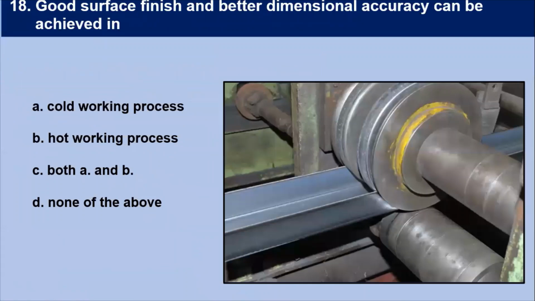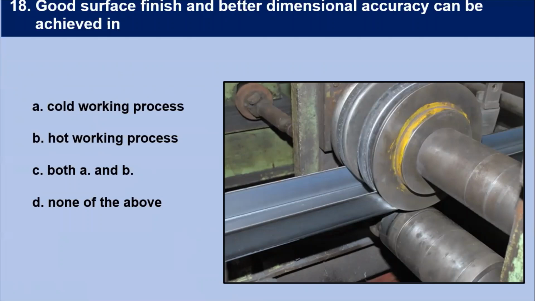Next question. Good surface finish and good dimensional accuracy can be achieved in... Now we know that the hot working process is carried out above the recrystallization temperature, and after cooling the metal shrinks slightly and the shape might change somewhat. So we can't achieve high accuracy in the hot working process.